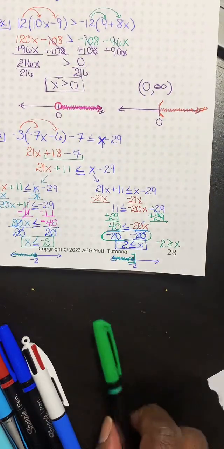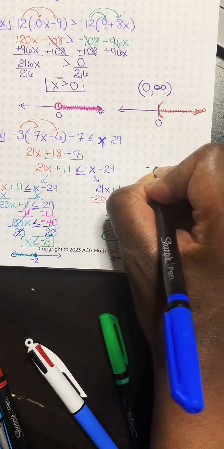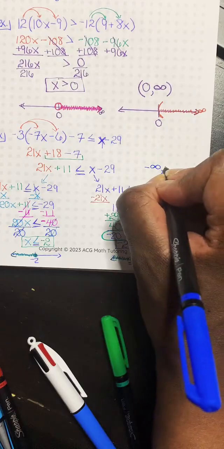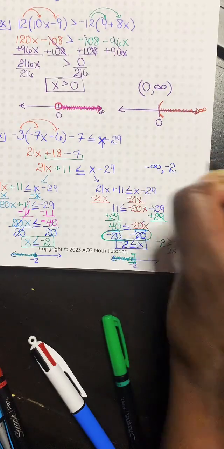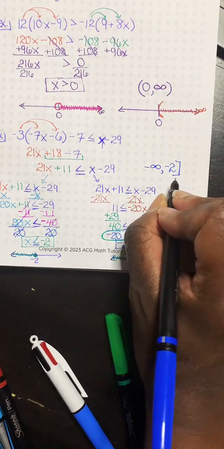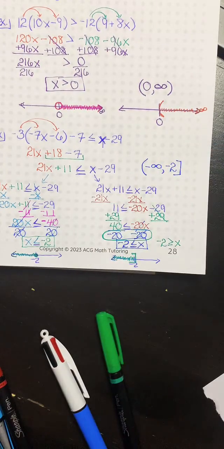Excellent. Smallest number always goes first. And where we end up is what goes next. And since it's equal to, it's a bracket. Infinities, regardless if it's positive or negative, it's always going to be a parenthesis.